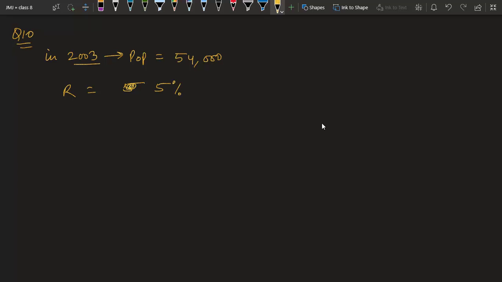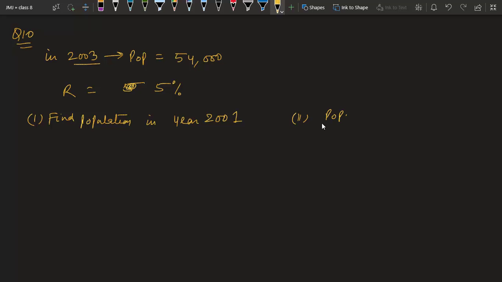Now we have to find the population in the year 2001, that is the first case, and second is what would be the population in 2005.